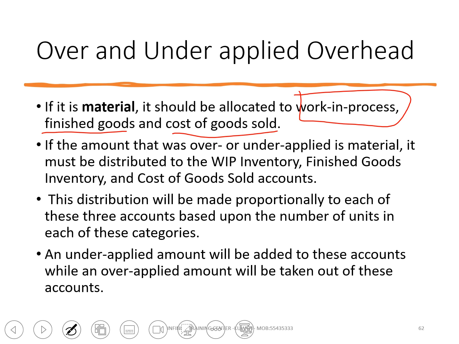Because whatever cost we have in the overhead control account, that cost has to go through work in progress, then to finished goods, then to cost of goods sold. And you know that some goods are still in work, some goods we completed and some goods we sold. So this cost has to be distributed between these three inventory categories.